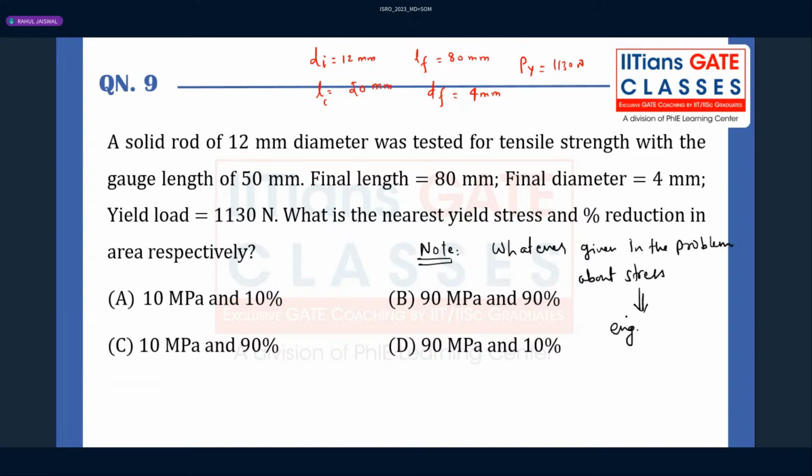Whatever is given in the problem, even if they have given the strain, that means they have given engineering strain. If they have given any yield stress, that means they have given engineering yield stress. Means indirectly they are asking for engineering yield stress.